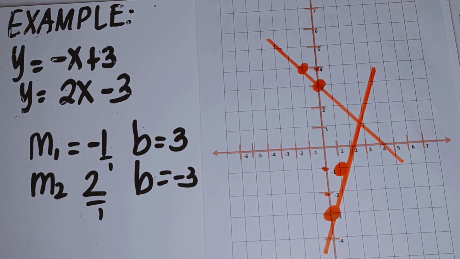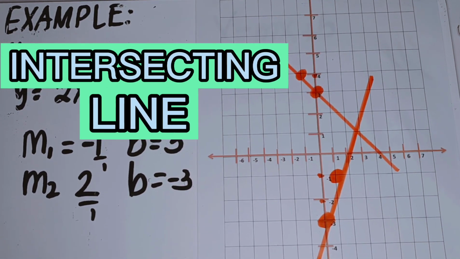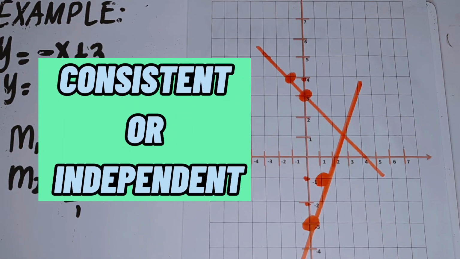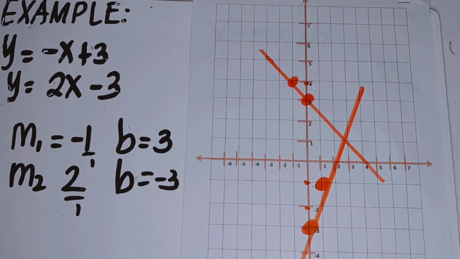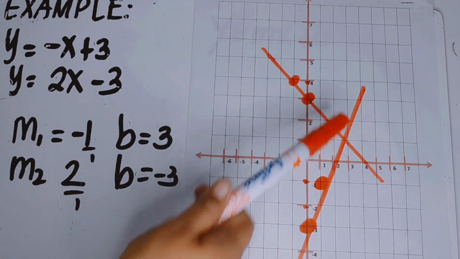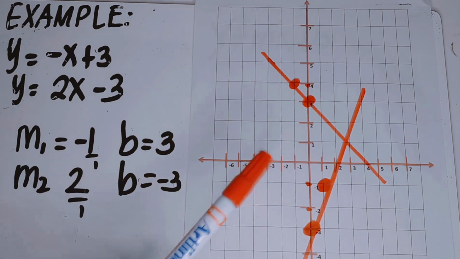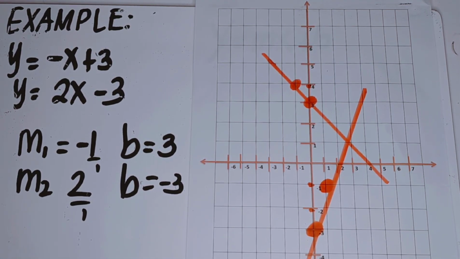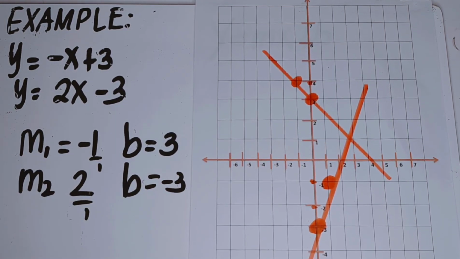Kung mapapansin nyo, that is intersecting line. Pag sinabi nating intersecting line, that is consistent or independent. Kaya siya independent, hindi nagkapatong yung dalawang lines sa isang Cartesian plane. At kaya rin siya consistent kasi has solution. So, yun na ang tamang pag-graph ng linear equation.